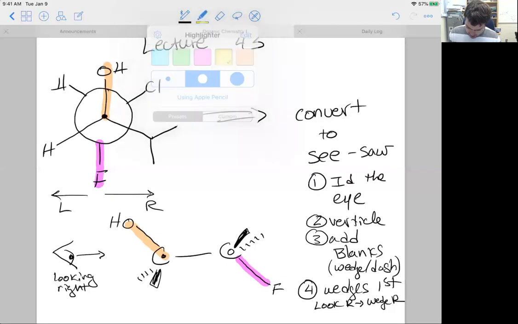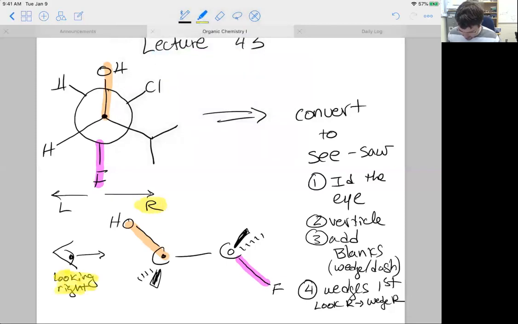Because we are looking to the right, and our eye defined that, the wedges are going to be on the right. So that's going to be this chicken foot looking thing, I guess. You have just two lines hanging off of the bond that's connected to that dotted carbon. And then at the back, we've got a chlorine atom, a Cl, and so we draw that Cl atom accordingly. So those are our two wedge groups attached to the dot and the circle, just like what we did with the Newman projection, except we're on the other half of the process.